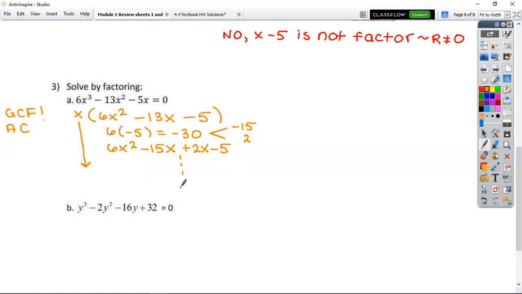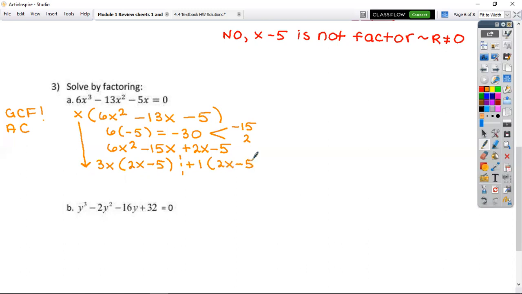So the left-hand side, those are both divisible by 3 and x. I'm left with 2x minus 5. The other side, remember you have to take something out. And the only thing these are both going to share is just that 1. And then 2x minus 5.